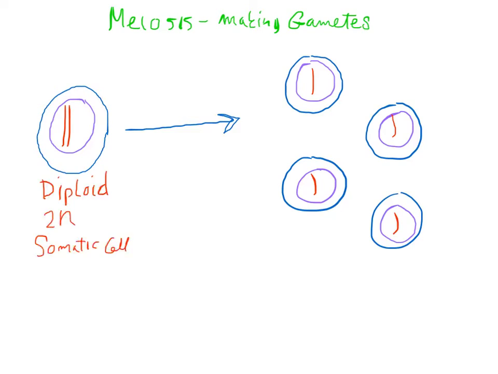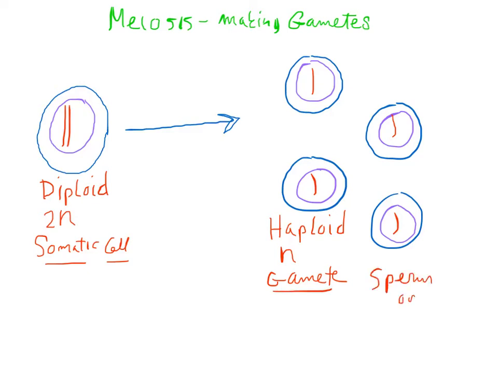So in meiosis we start with a diploid 2N somatic cell, and we end with 4 haploid cells that are gametes, either sperm or eggs. The reason gametes are haploid is illustrated best like this.